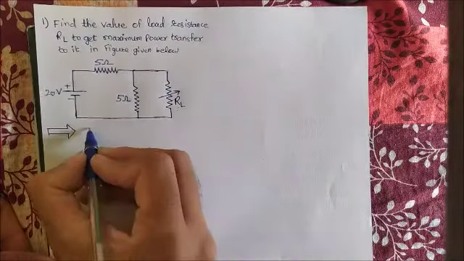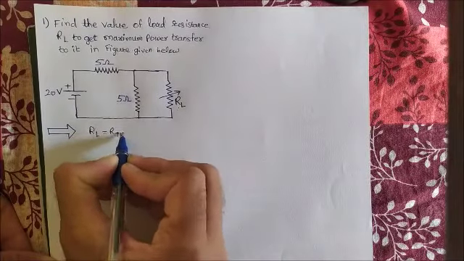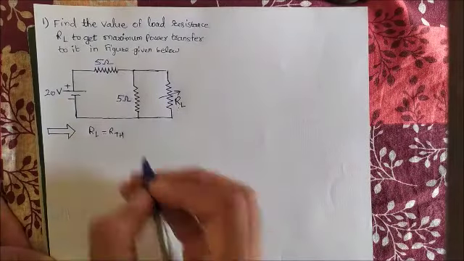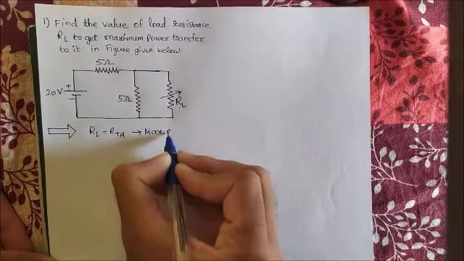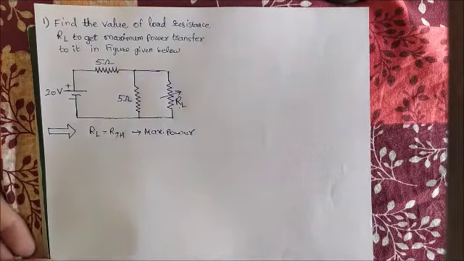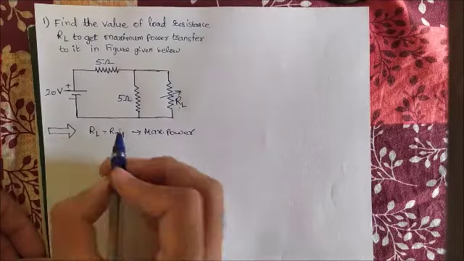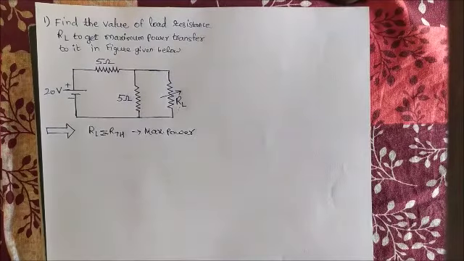That means the condition we have to use is RL is equal to RTH. If this is the condition, then maximum power will be transferred, and hence first of all we have to find the Thevenin's resistance and then we will find the value of load resistance RL.